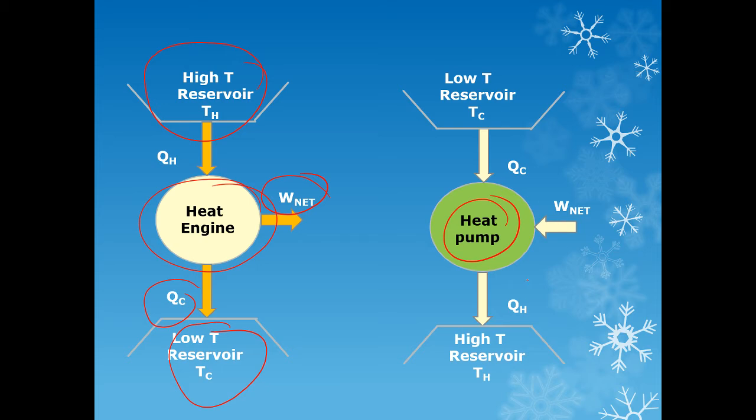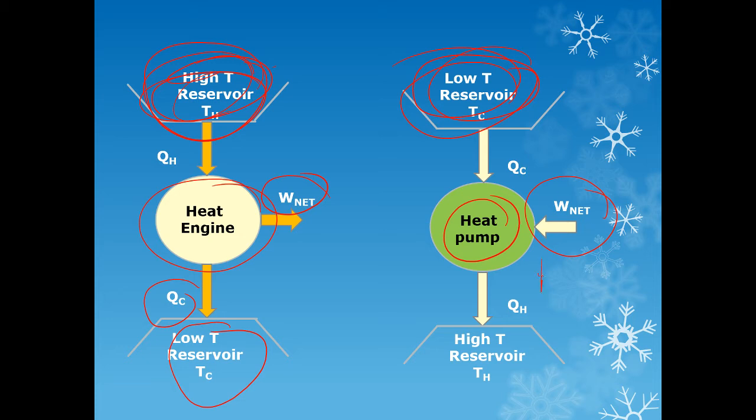What happens here is that the heat pump absorbs heat from a low temperature reservoir. So, note the difference: it absorbs from the low temperature reservoir. Itong heat engine, it absorbs from the high temperature reservoir. And then, since it absorbs heat from a low temperature reservoir, work should be applied to the heat pump.